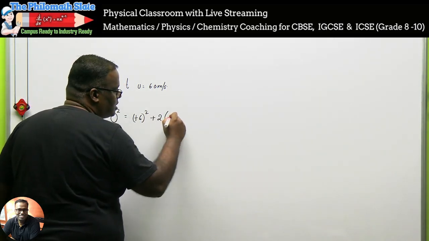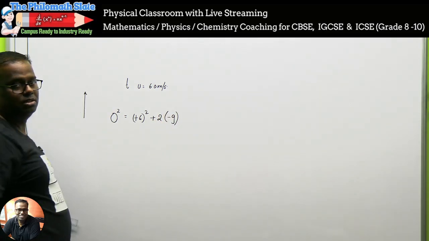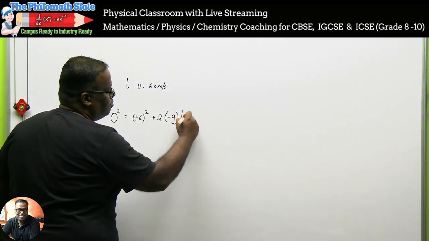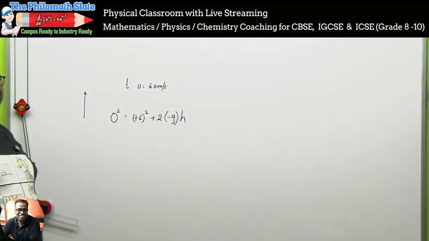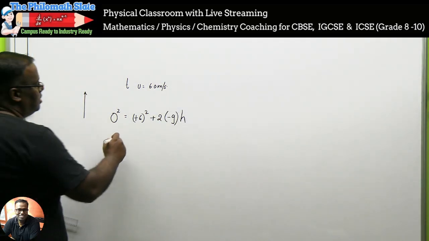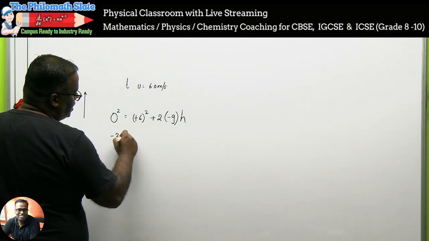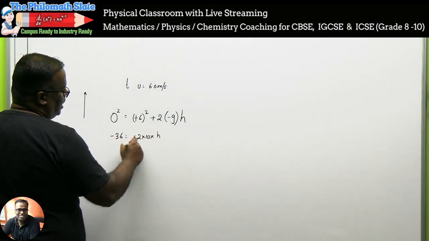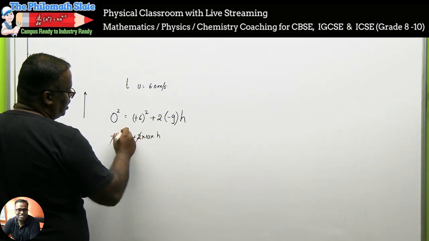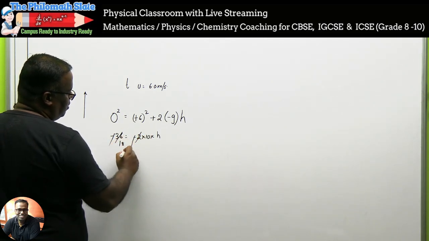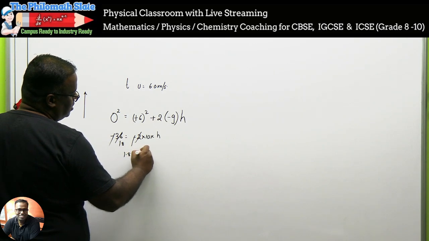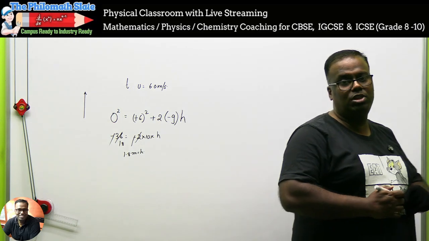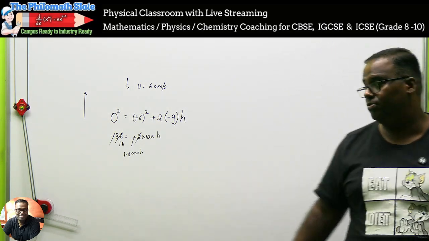Gravity always acts downwards, and the height is going upwards. So this becomes negative 36 is equal to negative 2 into 10 into h. Negative cuts, then 2 cuts as 18. 18 divided by 10 is 1.8 meters, considering g as 10. If you do it with 9.8, the answer will be a little bit different.